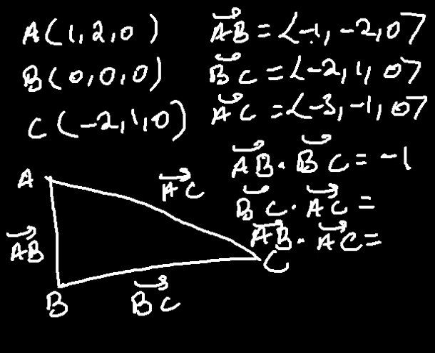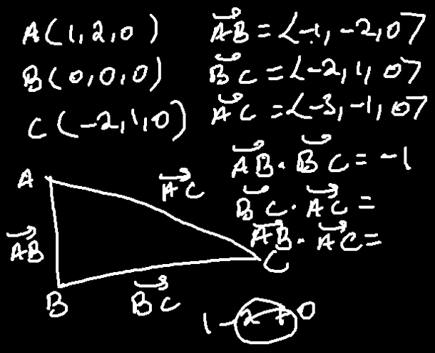Let's do it again. Negative 1 times negative 2 is positive 2, and negative 2 times 1 is negative 2, and 0 times 0 is 0.